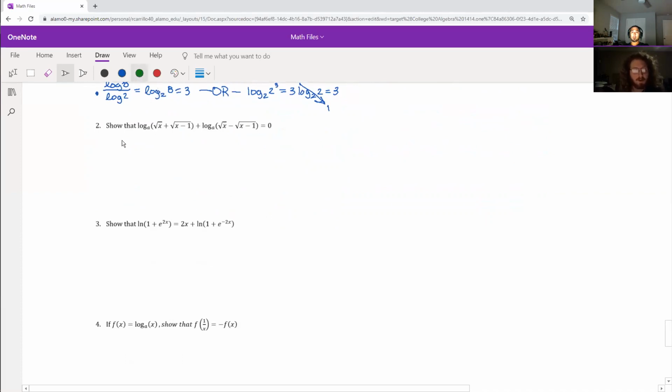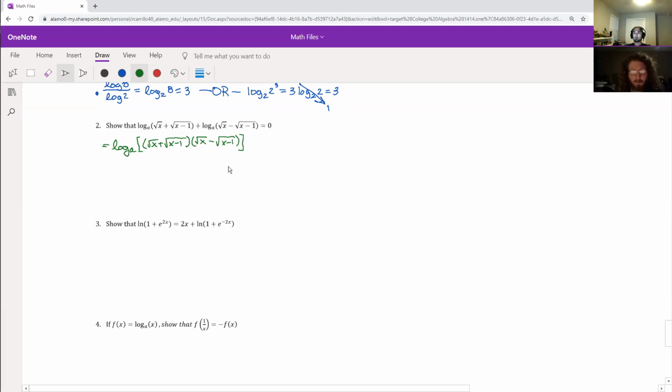Okay. So we're going to take advantage of our addition property to multiply these two together. So we will have log base A of the square root of x plus the square root of x minus 1, times the square root of x minus 1.